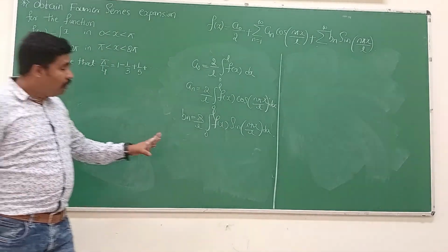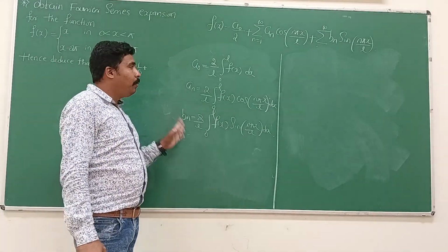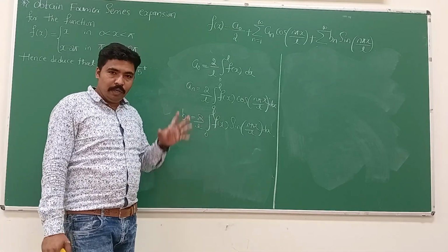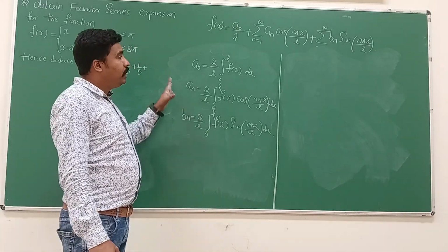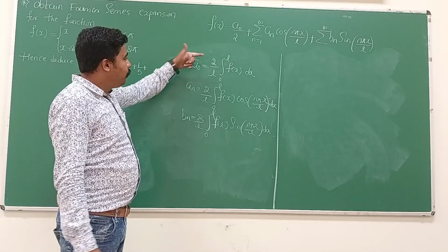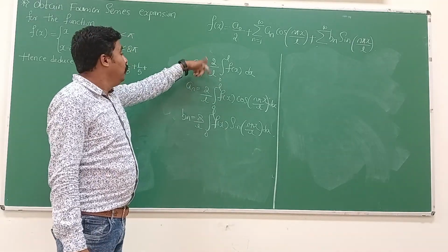These are the formulae when we apply even odd function concepts for the Fourier series expansion. Instead of 1 by L, it is 2 by L and 0 to L.